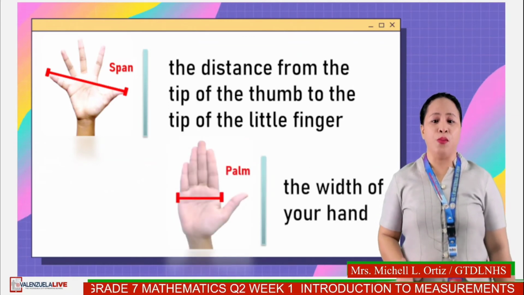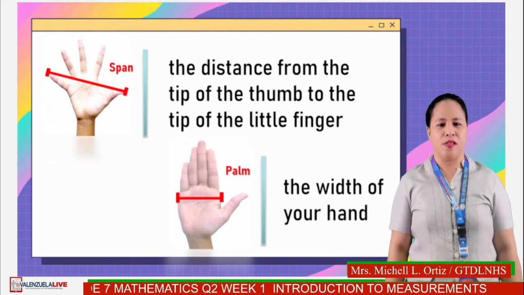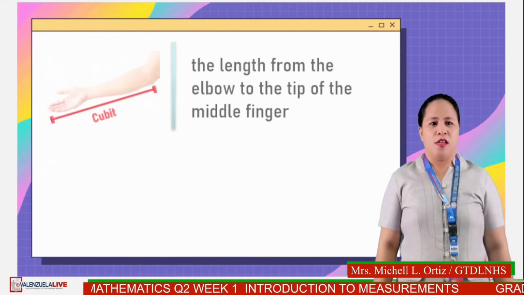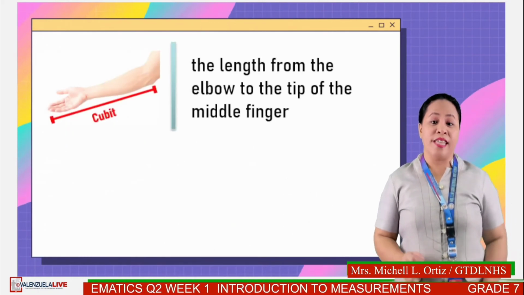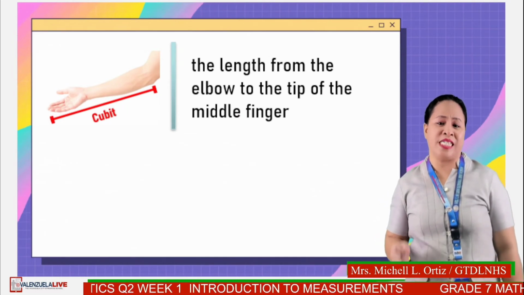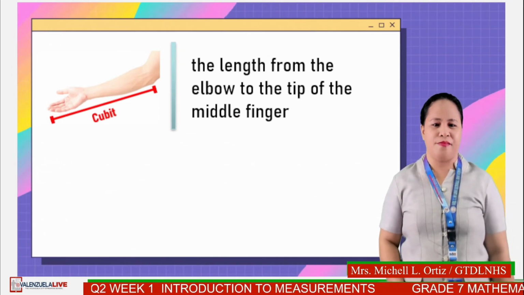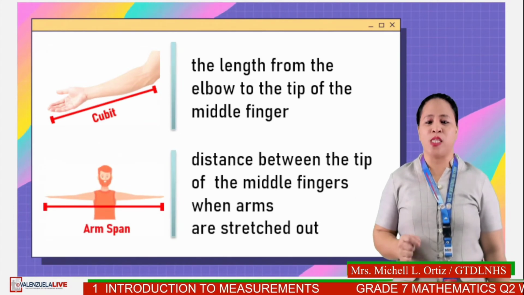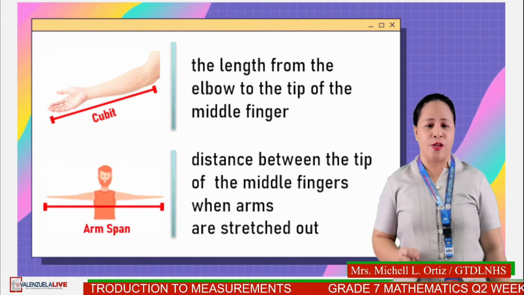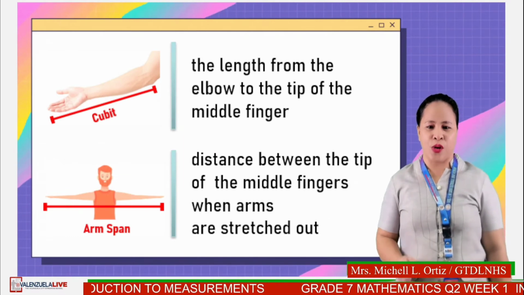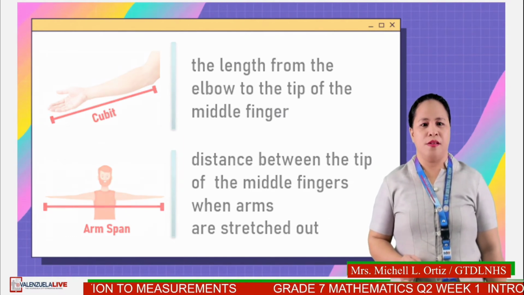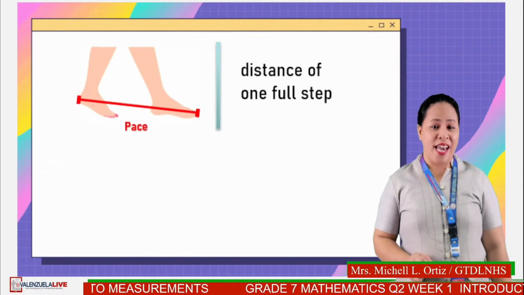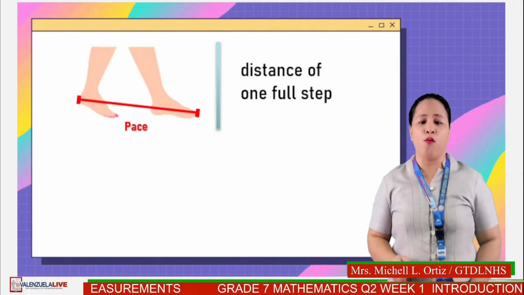Thumb, the width of your hand. Cubit, the length from the elbow to the tip of the middle finger. Arm span, distance between the tip of the middle fingers when arms are stretched out. Pace, the distance of one full step.